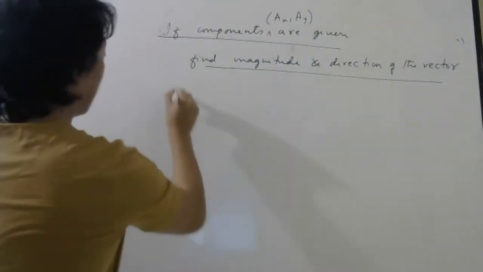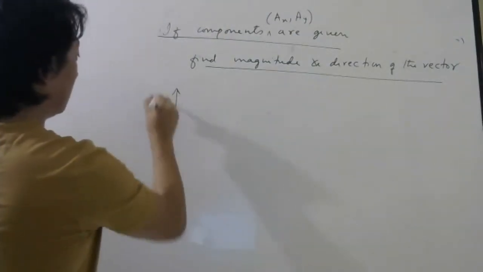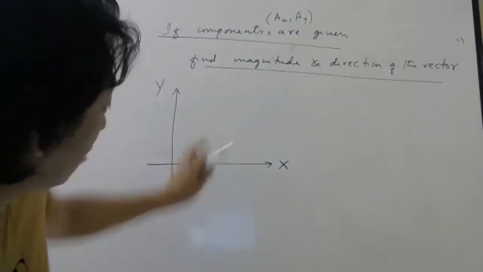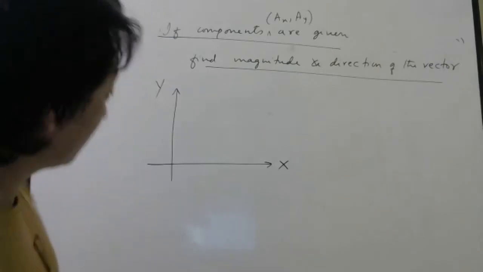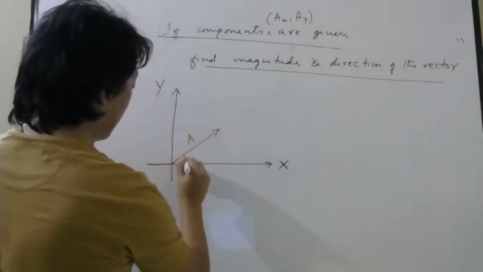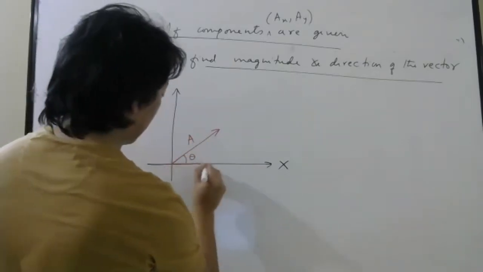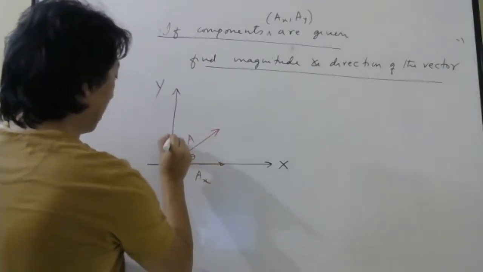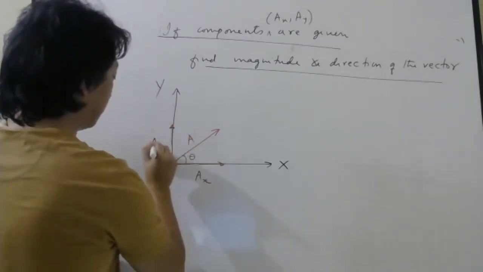So how to do it? Let us again draw one diagram. This is your y-axis, this is the x-axis. In the board exam, this is how they will usually keep it. This is your vector a, this is theta, this is the x component ax, this is the y component ay.